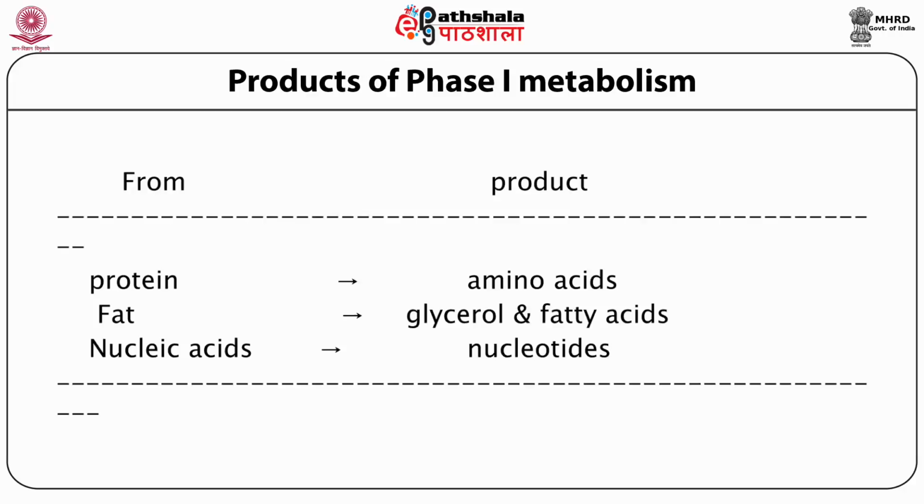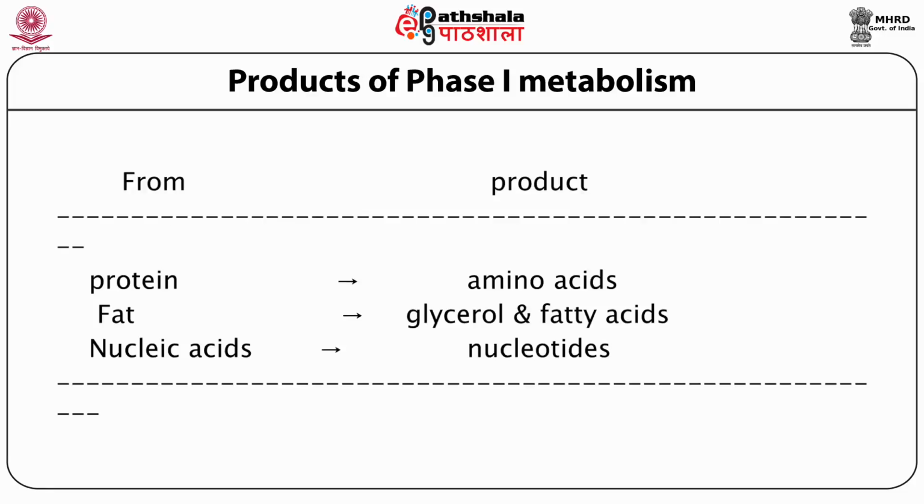Similarly, fats are degraded by lipases and phospholipases into their monomeric building blocks called glycerol and fatty acids. Similarly, nucleic acids are broken down into their building blocks called nucleotides.